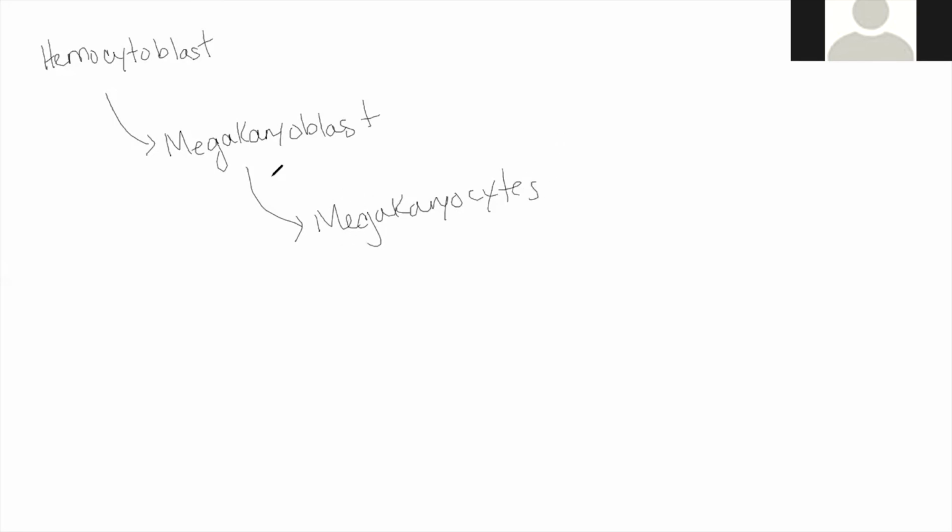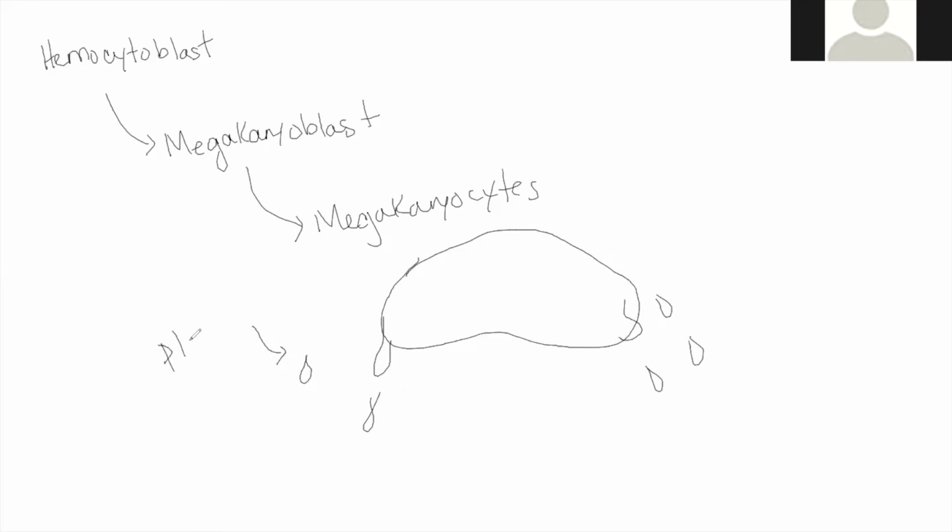So this megakaryocyte, one of the cells that is developed within our marrow, becomes so large that it starts to break off, all right? And that's a test question you want to make sure that you're aware of. So it starts to break off, and what we call these little pieces is platelets, right?